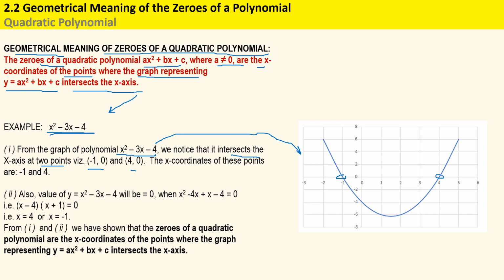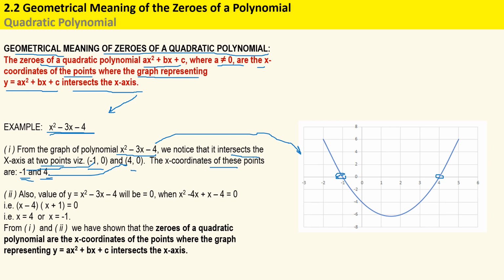So the x coordinates of these 2 points are minus 1 and 4. So if you see, this 4 is here and this minus 1 is here. So we notice that the graph intersects the x-axis at 2 points, and the x coordinates of these 2 points are minus 1 and 4.